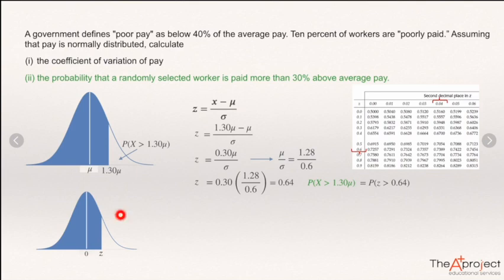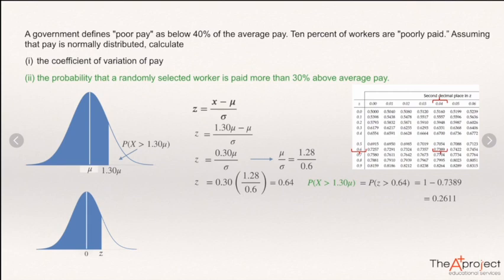The white area will be 1, the whole area, 1 minus the blue area. So the probability that z is greater than 0.64 will be 1 minus this number, 0.7389. So this will be 1 minus 0.7389. So that's the way that you do it using a table. So the answer is 0.2611.